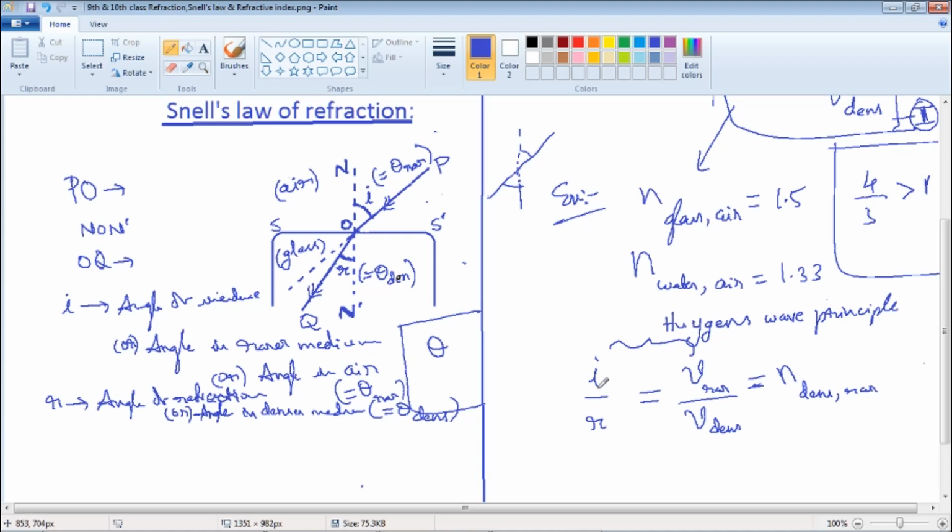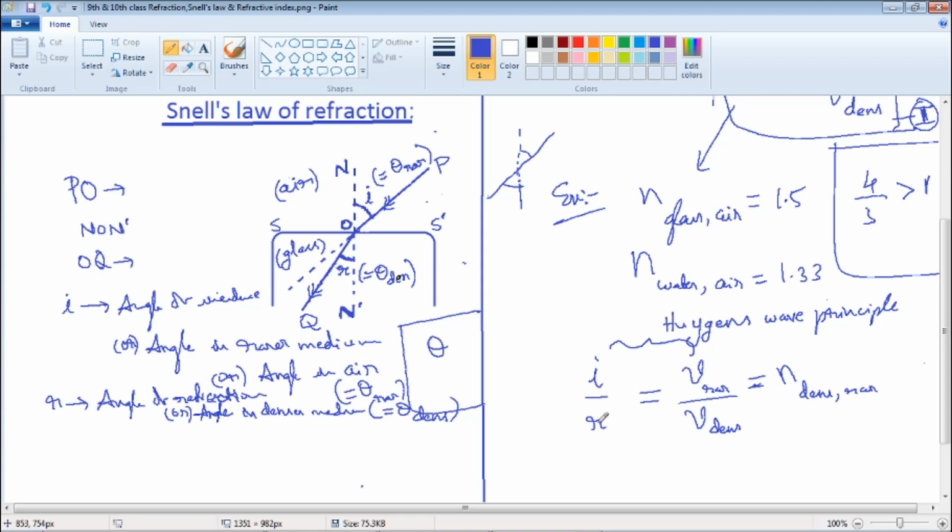Now what if the two angles, small r and small i, are big, like in this diagram, 45 degrees, 50, 60, 70, 80, 90, like that? If I and R have big values, then it is found that it is approximately, not exactly, equal to this ratio.